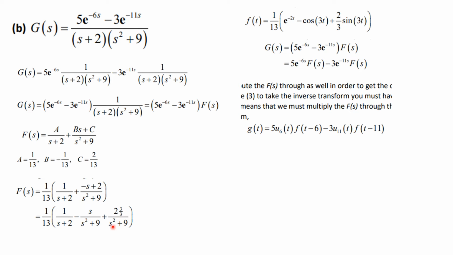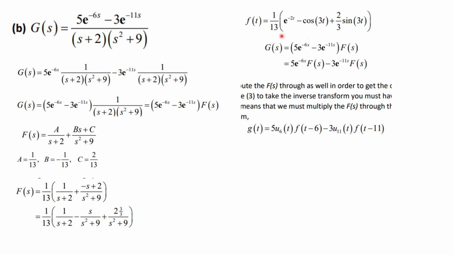Now here I'm looking to have 3 over s squared plus 3 squared, so I'm going to have to multiply top and bottom by 3 to make it look like that, and the 2/3 is just going to be a constant that we'll factor out. And so this is what we get for F of s.